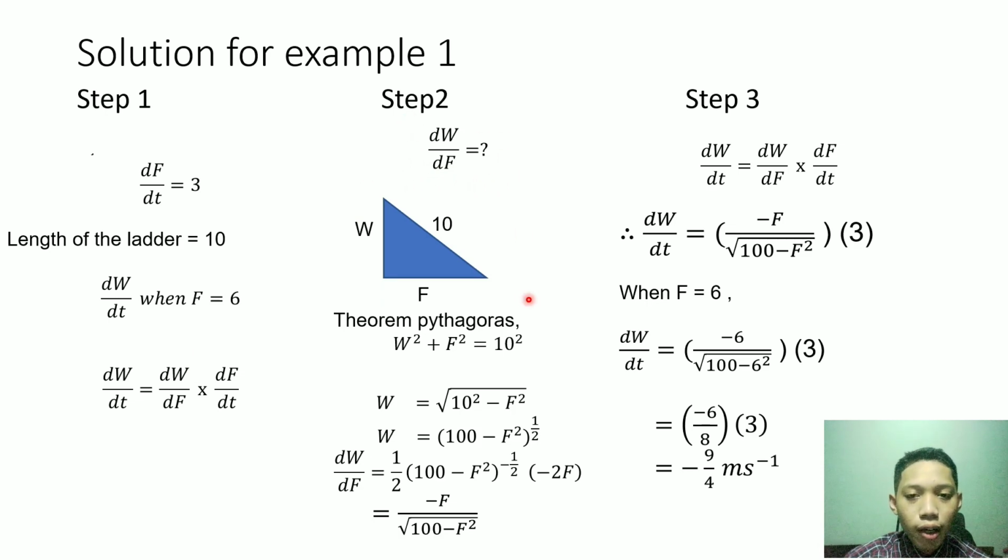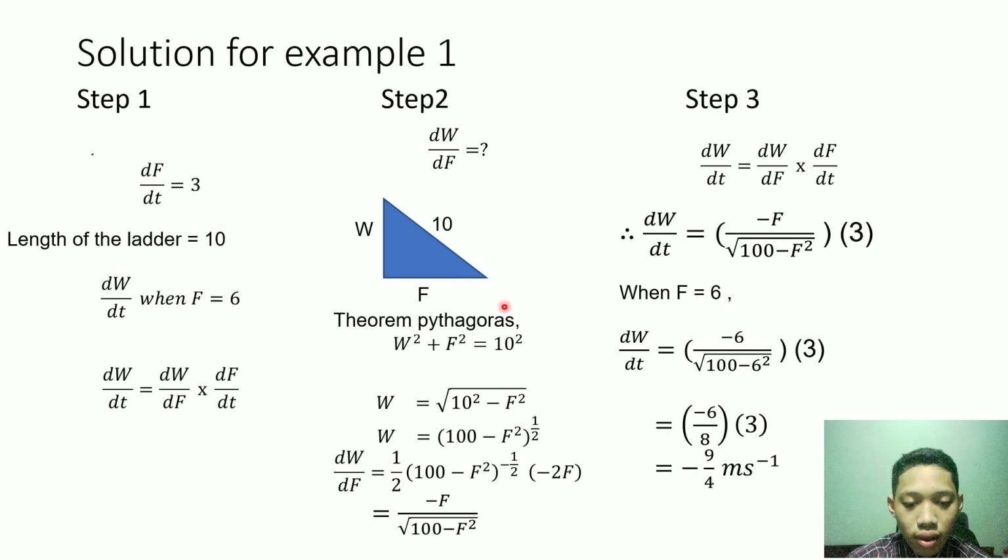Before that, based on the diagram in example 1, we change it to a 2D object. So this is the 2D object. After that, we construct an equation that relates the quantities of interest. Since this is a triangle shape, we use the Pythagorean theorem.